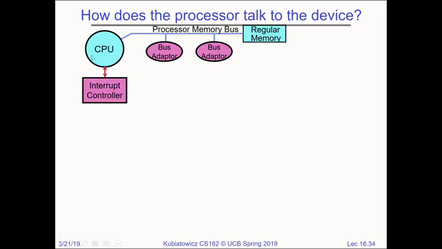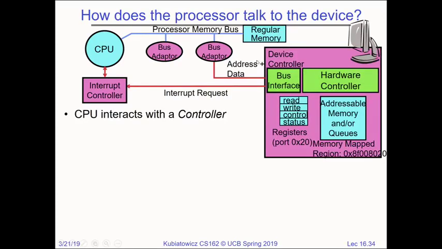For instance, the CPU talks through an adapter to a device, and maybe there's an interrupt controller. So you now have some of the pieces, but bottom line is, in order to have a device, there's some controller somewhere on the other end of the bus that really manages the device directly.